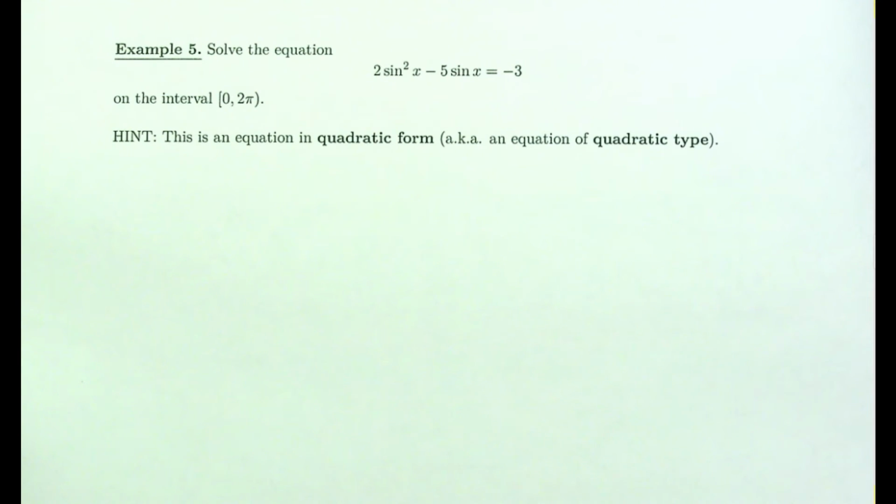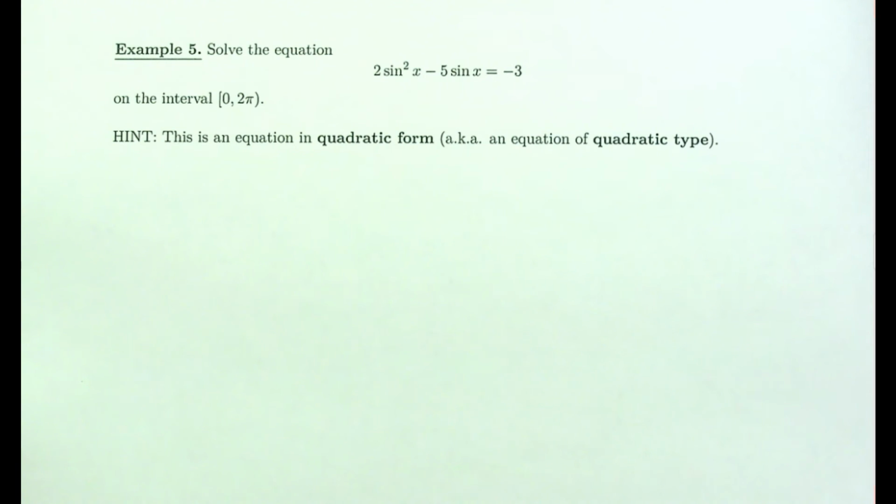Example number 5 says solve the equation 2 sine squared of x minus sine of x equals negative 3 on the interval between 0 and 2 pi. Okay, so again, this is an equation that could be treated just like the equations that you would encounter in college algebra, because the sine of x is like one entity.